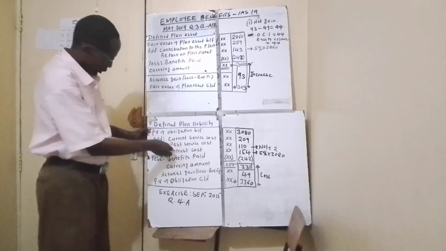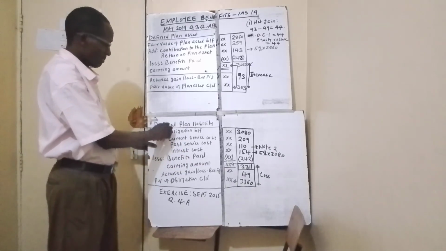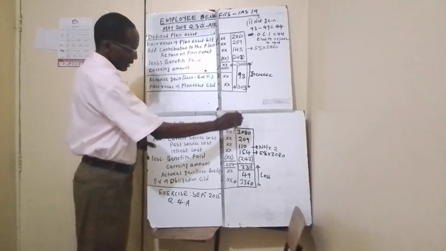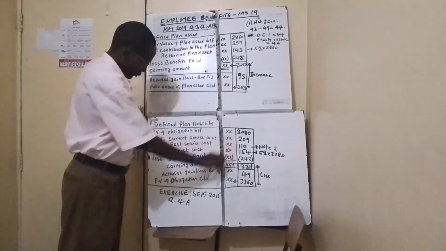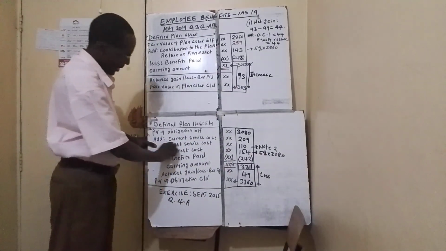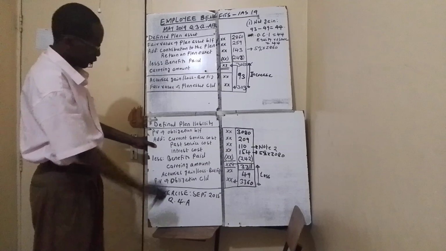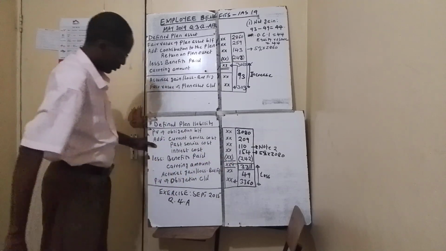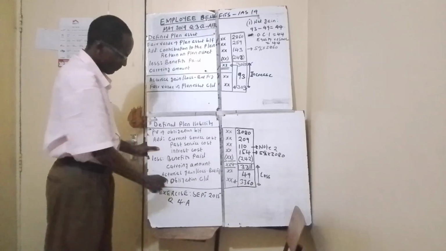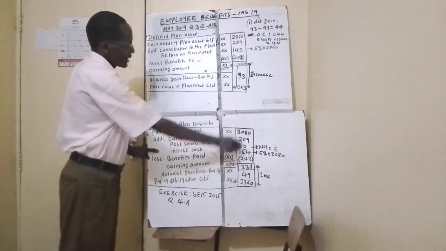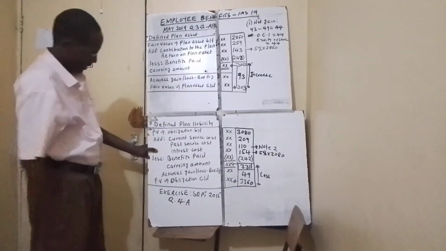So what we earn in the present value of obligation: remember the opening balance, we earn current service cost, we also earn past service cost, we also earn interest cost, which is that rate times opening balance. Then benefits paid you less, the same as what was deducted there.